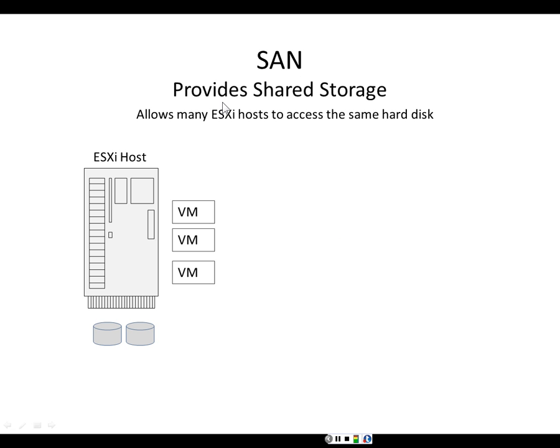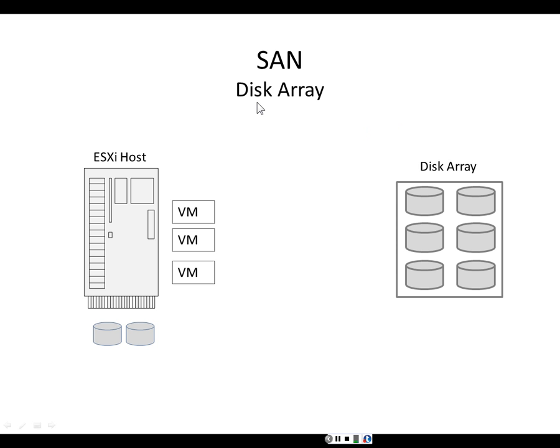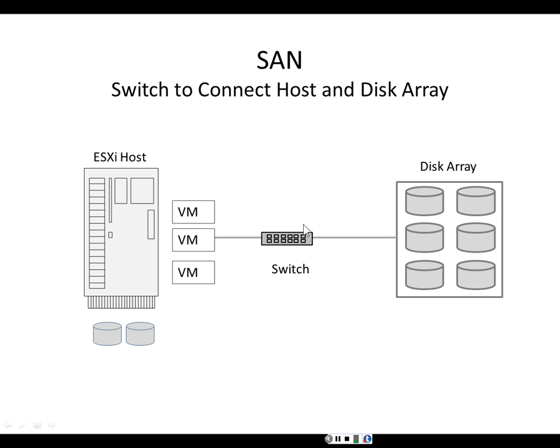A storage area network provides shared storage. It allows many ESXi hosts to access the same hard disk. To create a storage area network, you get a disk array, and you connect the disk array to the ESXi host using a switch.